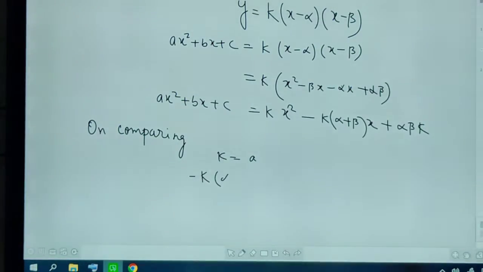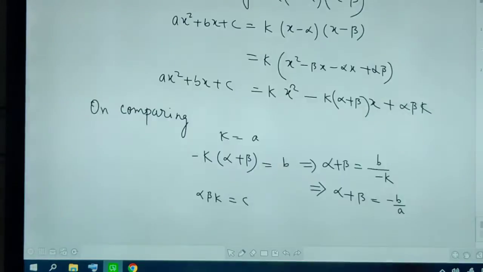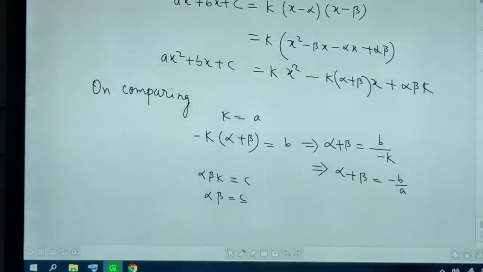On comparing the left hand side and the right hand side, we can say that k is equal to a, and minus k into alpha plus beta is equal to b. So alpha plus beta is equal to minus b by k. But since k equal to a, alpha plus beta equal to minus b by a.